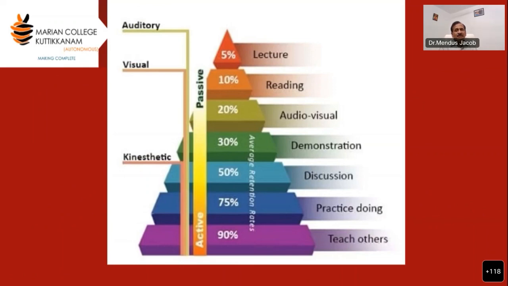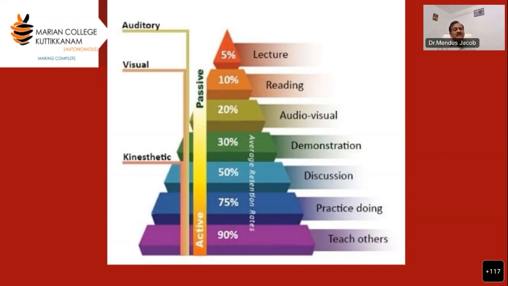In the olden days when we were students, the faculty would come and perform the lectures and provide the notes. Then we would mug up everything and write exams. But this has to be changed. Through reading, 10% of learning happens, and through audiovisual techniques, 20% of the learning happens.